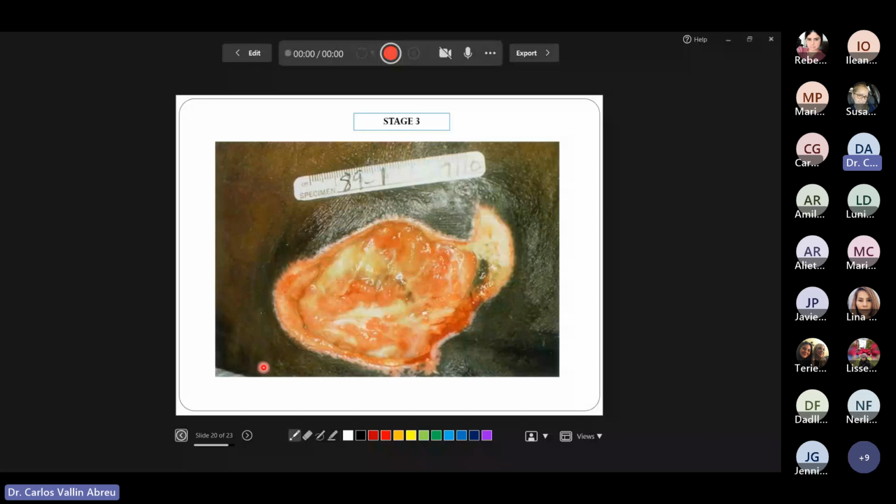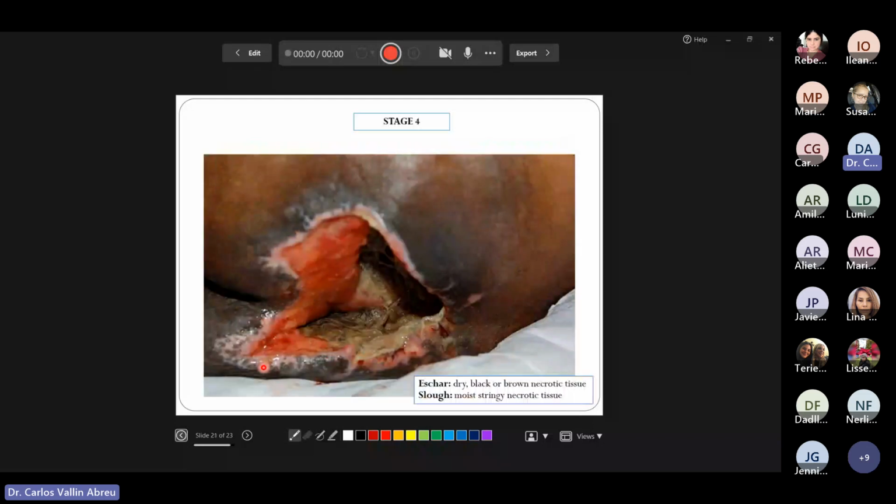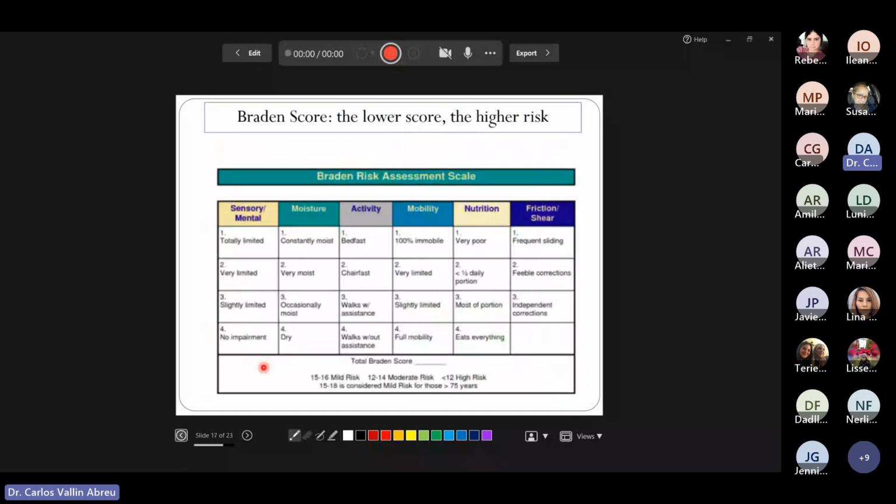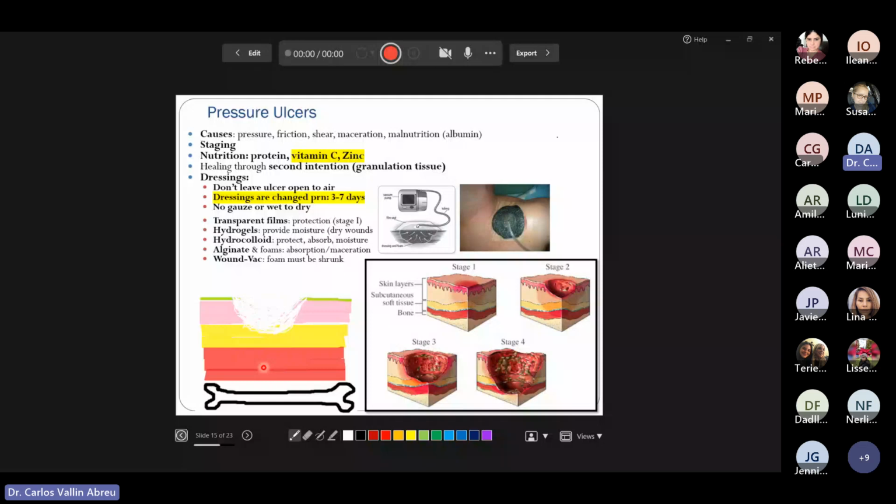If it is too secreting, we use the same that is used in the deeper ulcers, which are always very secreting. So there are materials for wounds that are very productive of secretion.